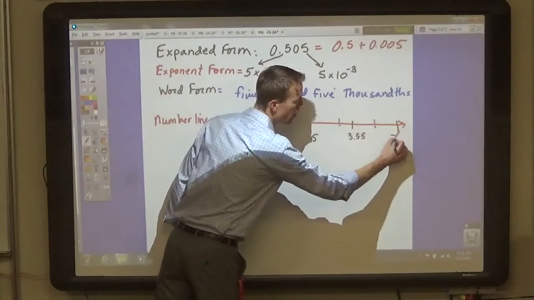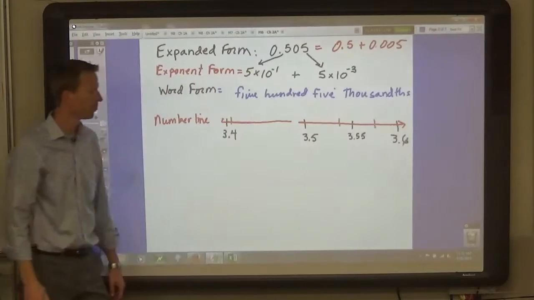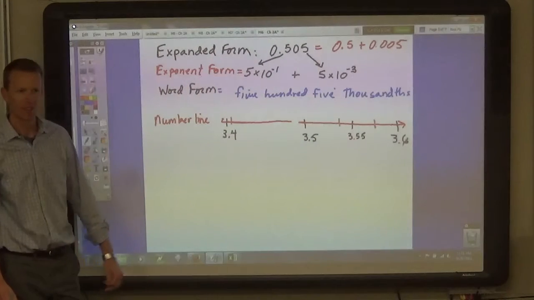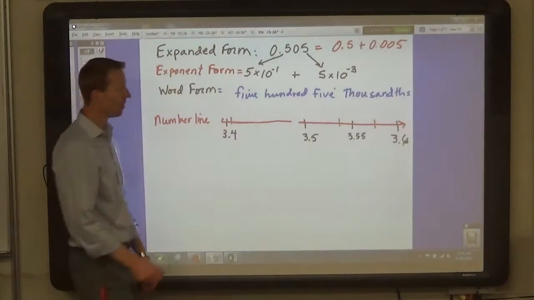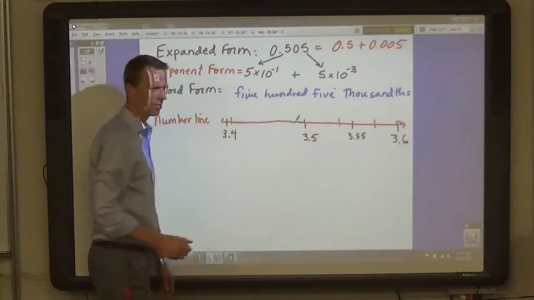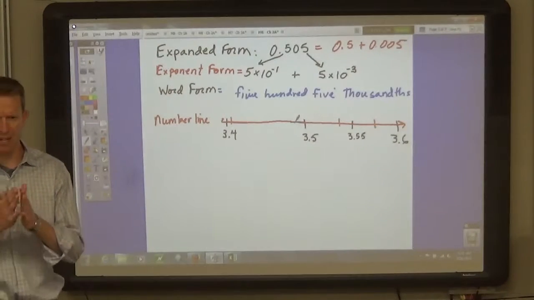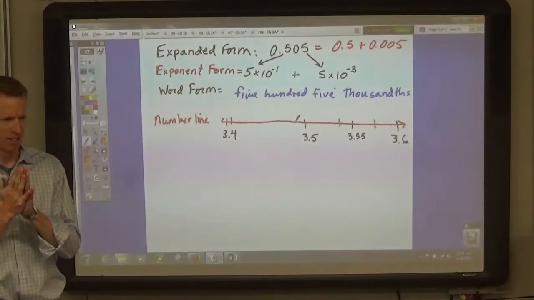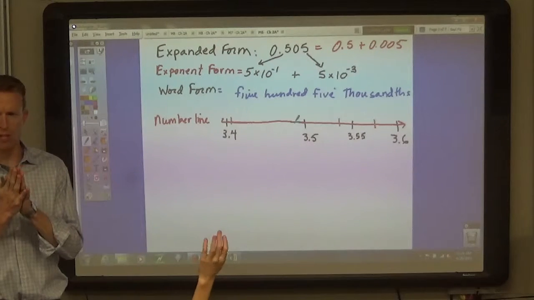What is between 3.4 and 3.5? You'd think that, oh wait, are there numbers between 3.4 and 3.5? They're right next to each other. 4 and 5 are next to each other. How can there be numbers between them?